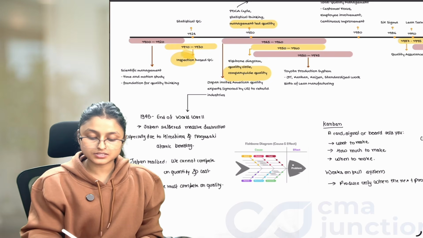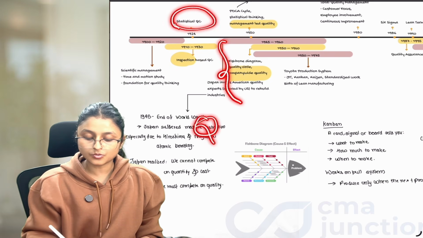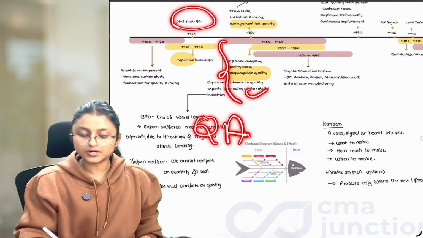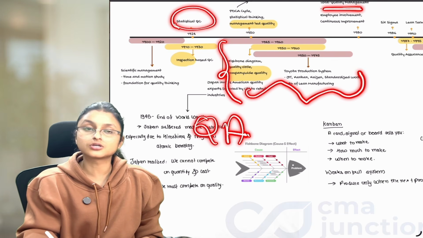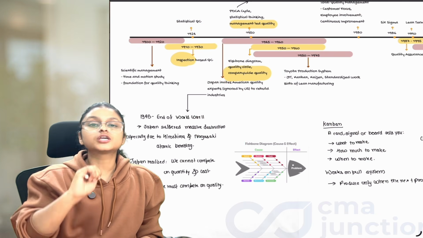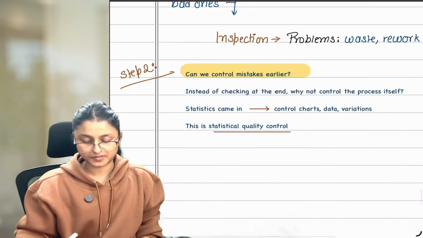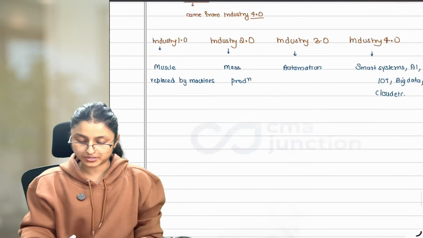So the first stage is inspection, the next stage is quality control, the third stage is quality assurance, and after quality assurance, what came into picture? Total quality management. And these are the 4 stages of quality which are covered under quality management. Let's just see them one by one.